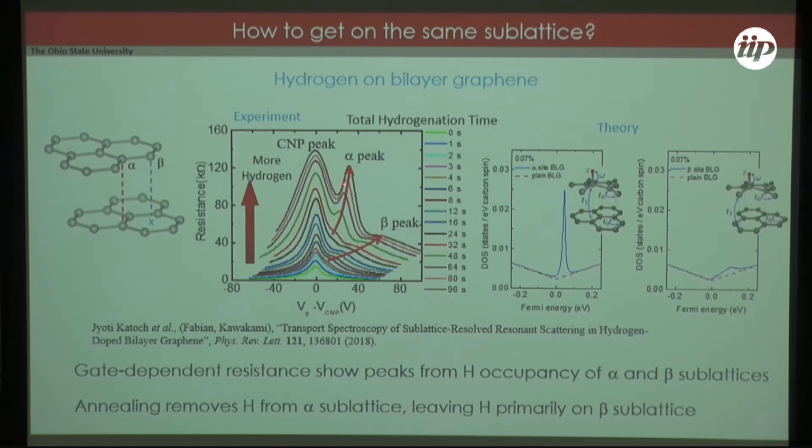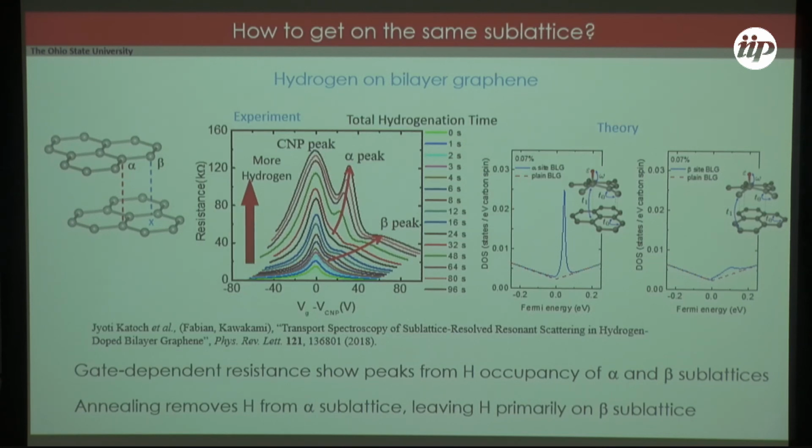And then my students were hunting around trying to understand what goes on and found Yarrow's paper, which I didn't cite, but it's there, from 2016 or 2017. They calculated the energy spectrum of the resonance scattering if you have hydrogen on top of the alpha site, and this is what he got.